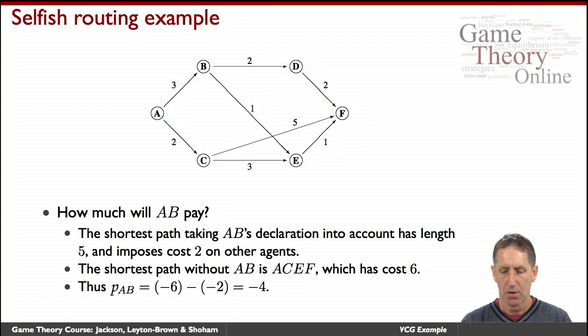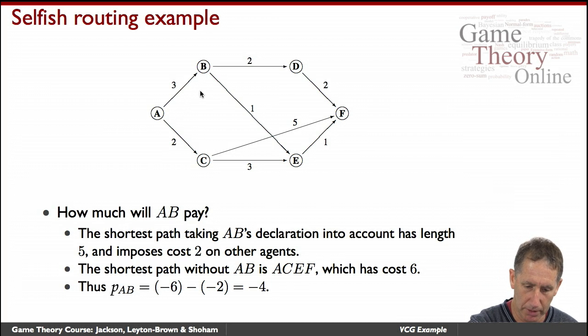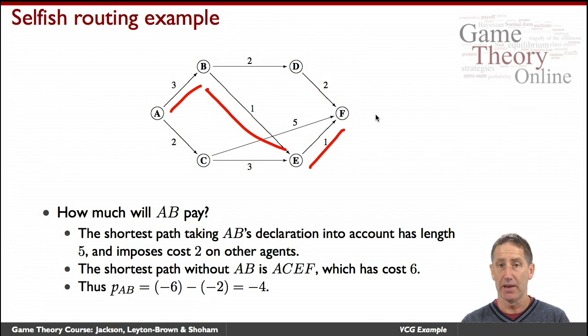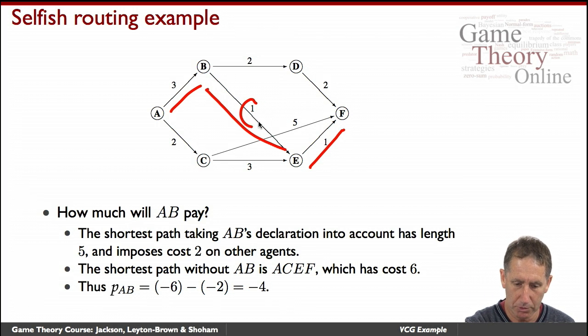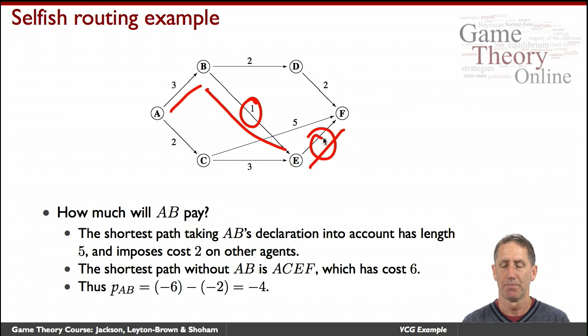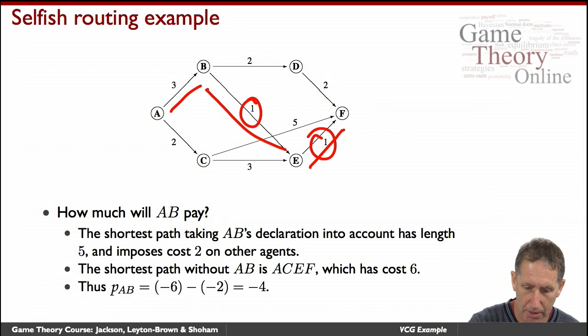Well, the shortest path, as we know, is this one. And how much would all agents, other than AB itself, be paying? What is the cost on the agents on the shortest path? Well, it's 1 plus 1, so the cost of 2. Had AB not been in the picture, what would have happened? Well, the shortest path would have been this one over here.